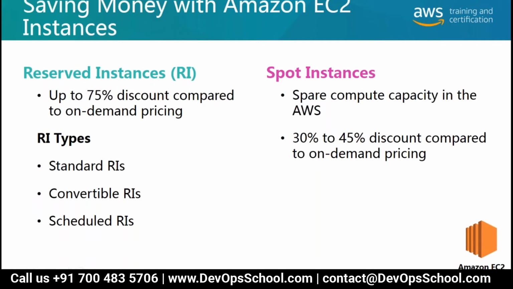But if you have requirements that you can satisfy using spot instances, you can utilize them to perform some operations on an ad hoc basis and then get rid of them. That's how you can use that.